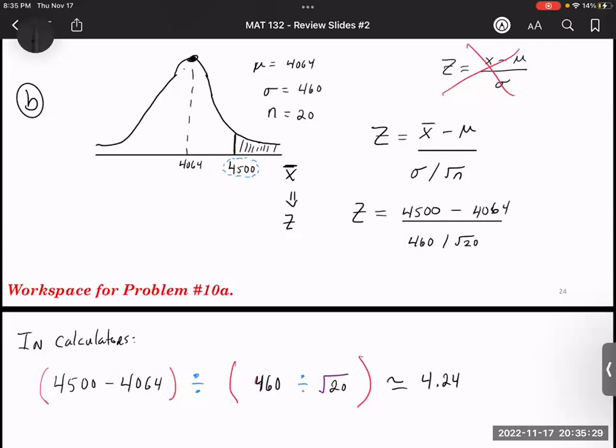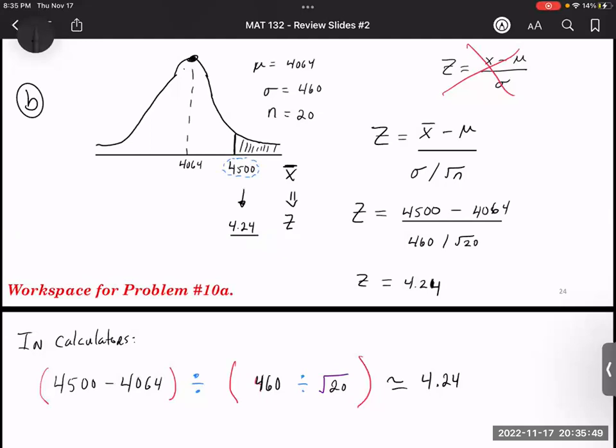Very good. So that's our z value. Z is equal to 4.24. So if the sample mean was 4,500, in terms of z, that now becomes 4.24.